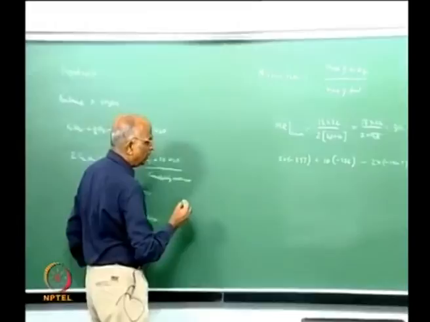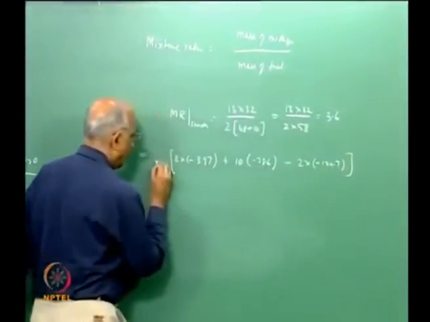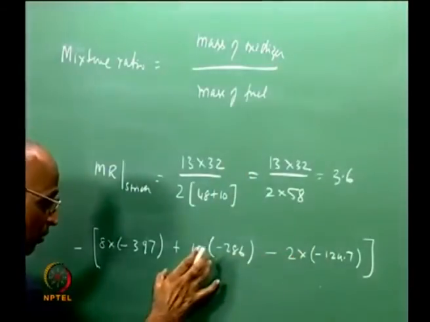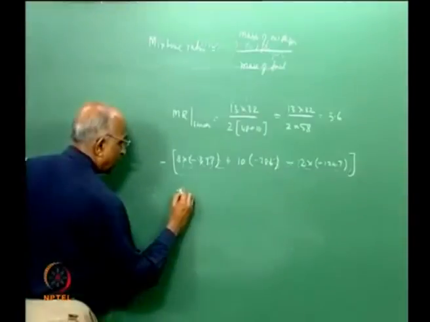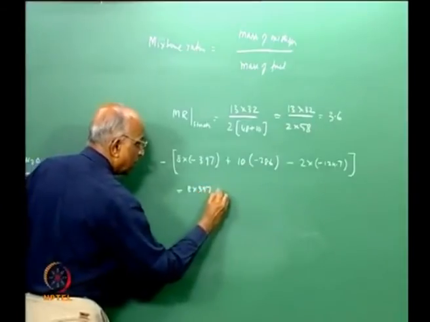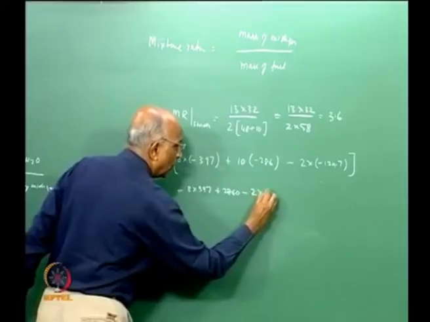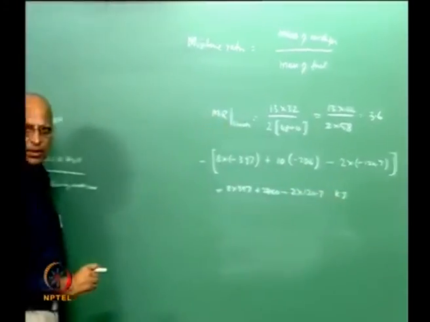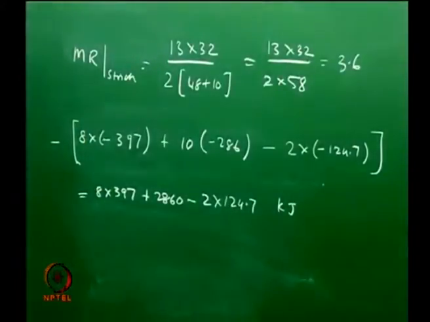This is the heat of formation of the products minus the heat of formation of the reactants, so I get 8 into 397 plus 2860 minus 2 into 124.7, so many kilojoules of energy liberated. And this is how we calculate the heat liberated in this stoichiometric reaction.